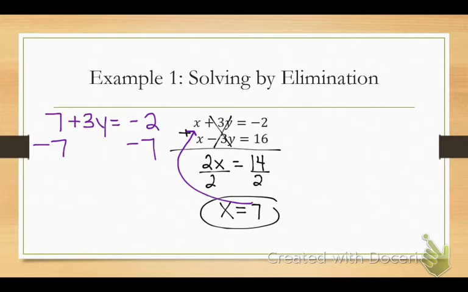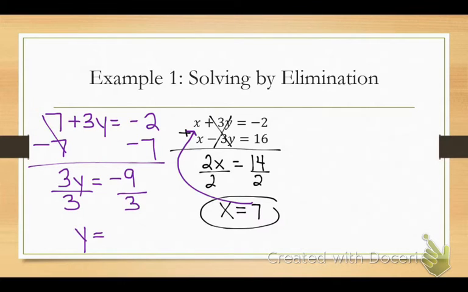Did anybody already write that on your paper? So subtract 7 from both sides, and you get 3y equals negative 9. Now divide both sides by 3, and y equals negative 3.